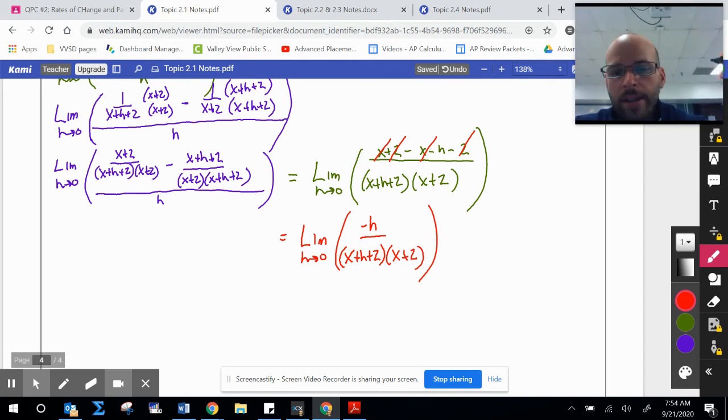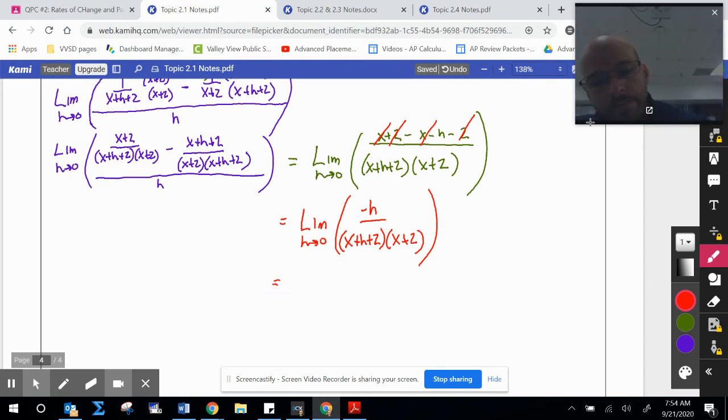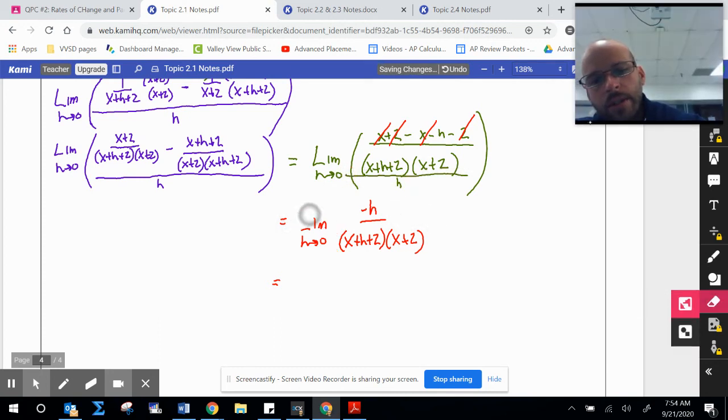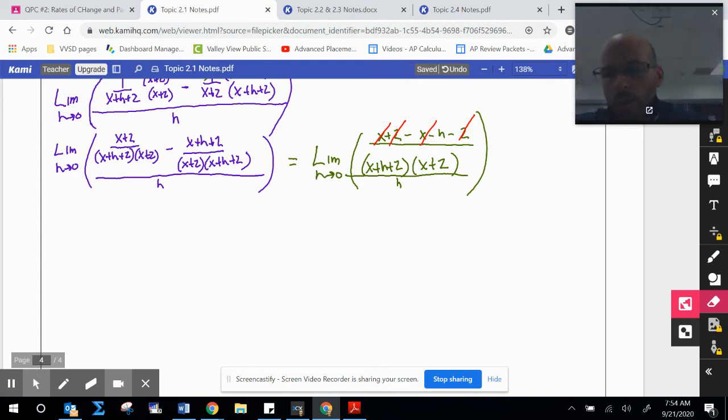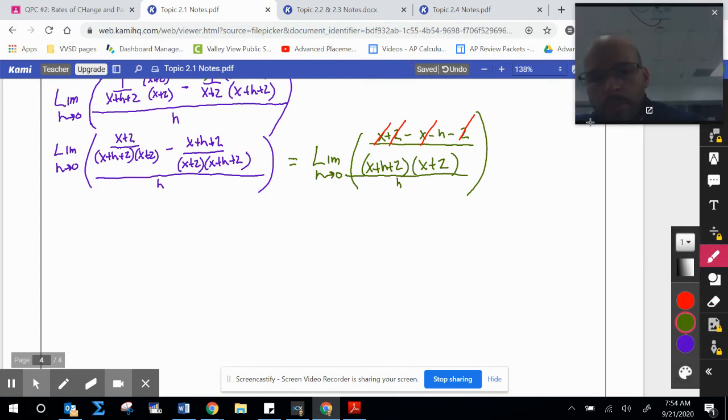If I evaluate that limit as h goes to 0, I now have, oh, you know what I forgot? Silly me, I even warned you for it. This should be all over h, right? So let me go back a step. Okay, I forgot to put my h denominator. So when I do that, because this is all over h, I'm going to multiply by the reciprocal.